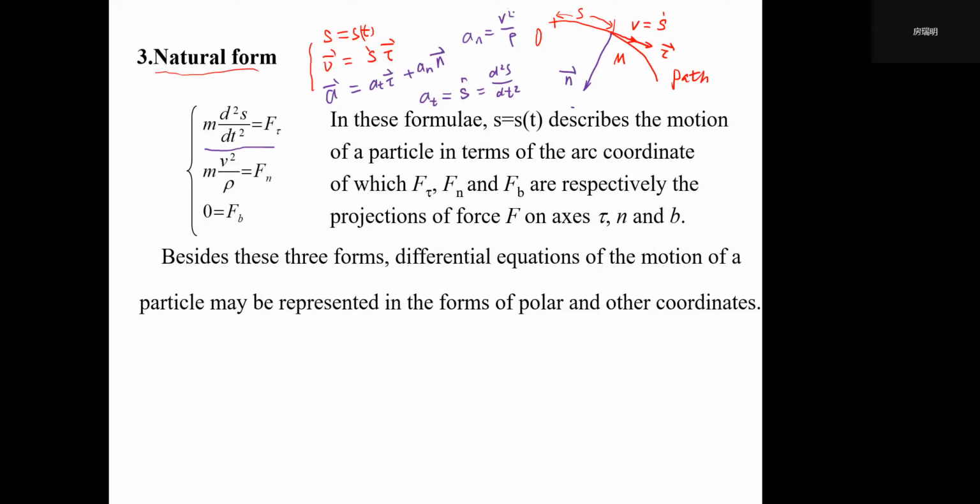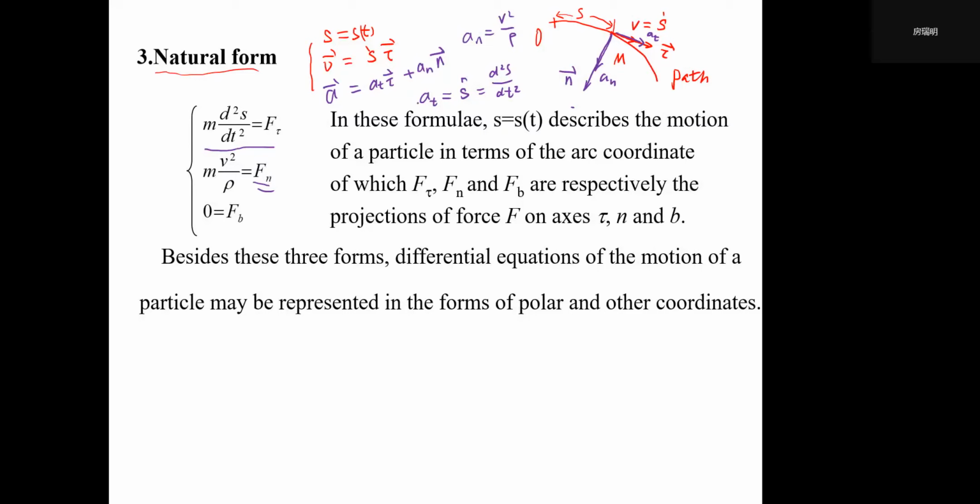So we can draw a tau here and an n here. From Newton's second law, we have m a equals F, so there will be force along the n direction and force along the tau direction.